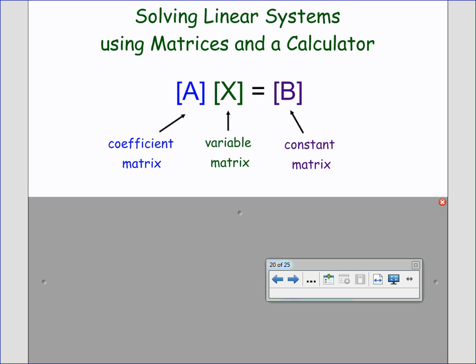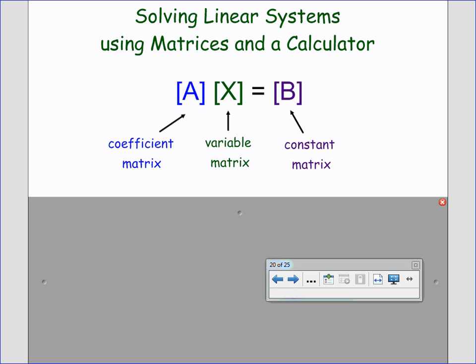So let's go ahead and take a look at solving linear systems using matrices and the calculator. The basic premise of solving a system with a matrix equation is similar to solving regular equations. We're going to use not inverse operations, but inverse matrices and our matrix editor in our graphing calculator.